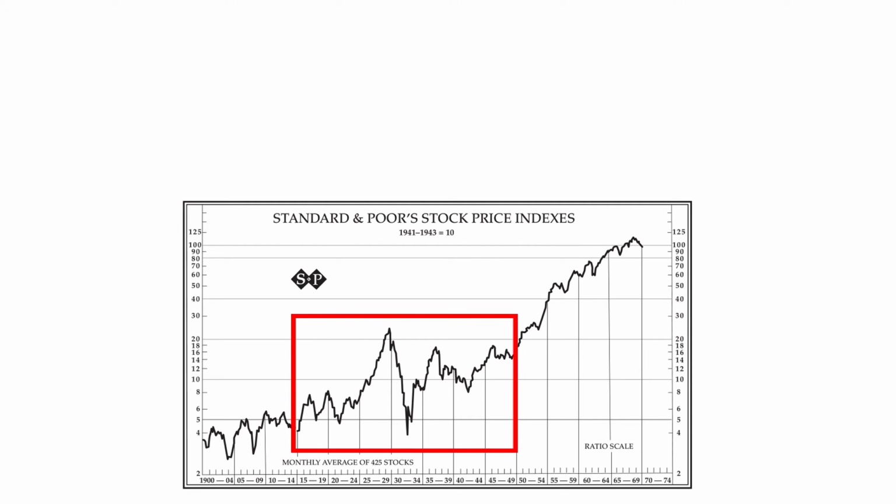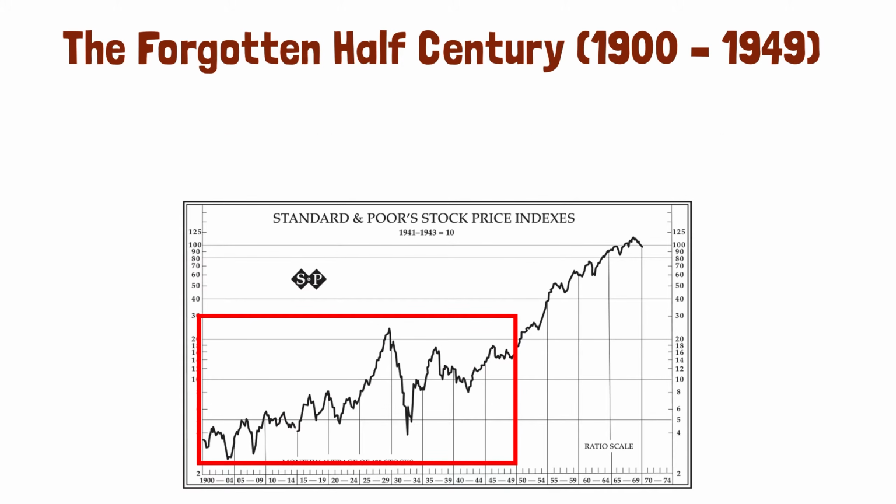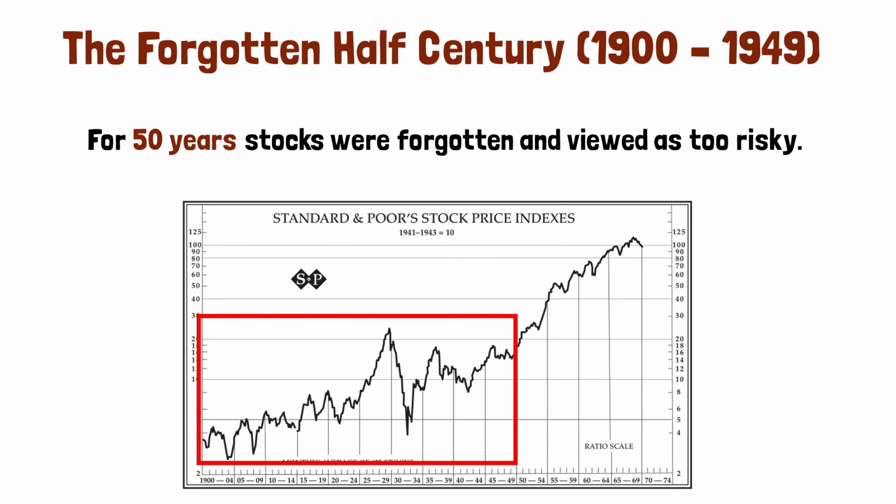Think about that for a second. For half a century, from the 1900s to 1949, stocks had either negligible or downright frightening returns. Naturally, as Graham notes, the public had no enthusiasm at all for common stocks. They were forgotten, viewed as too risky.